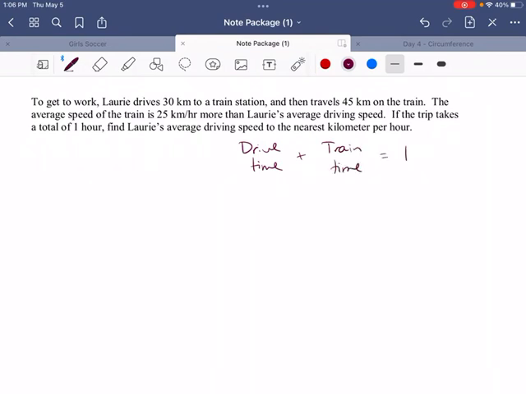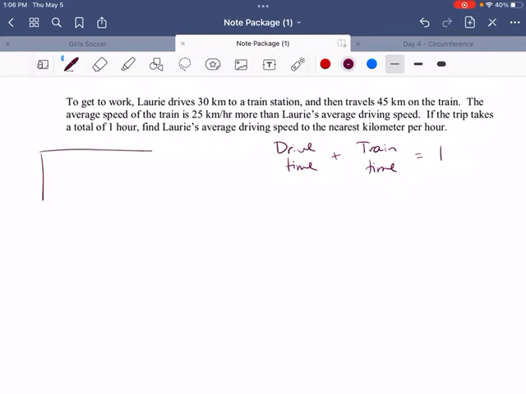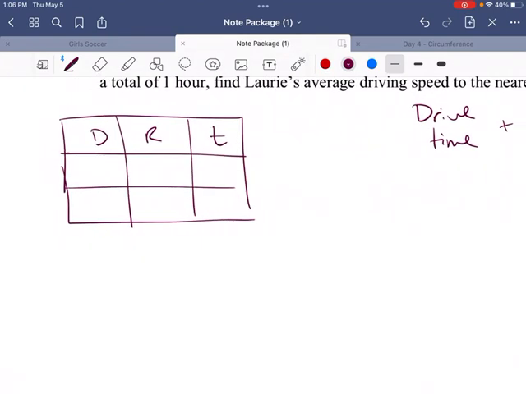We don't know what these actual times are, but we can create a chart again. We've got distance, rate, and time. We've got the drive and the train. The driving distance is 30, the train is 45.